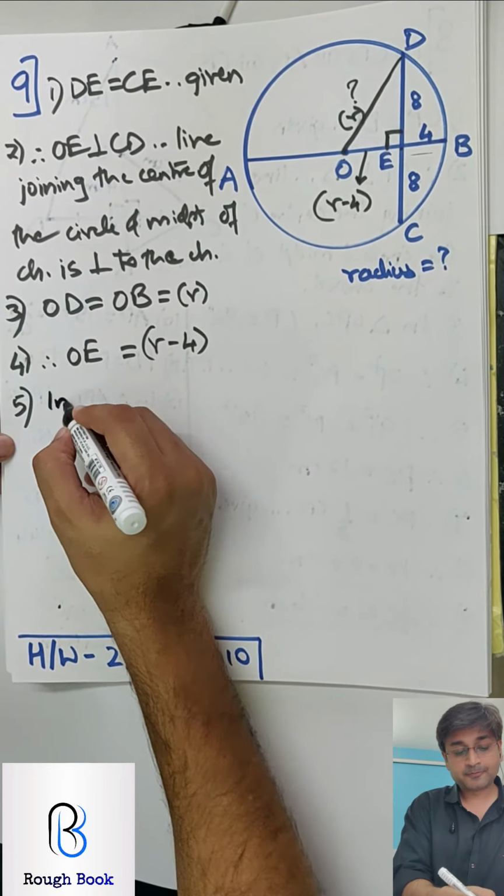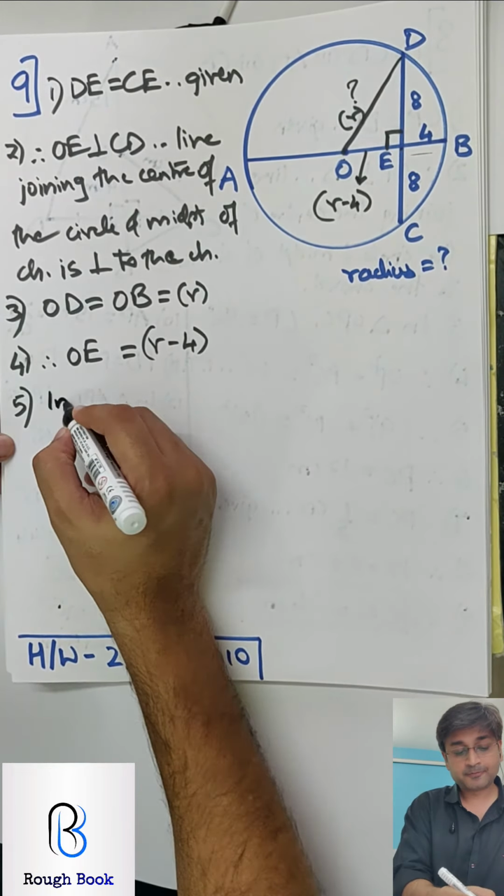So in triangle OED, angle E is 90 degrees, and therefore OE square plus ED square is equal to OD square, Pythagoras Theorem. So OE is R minus 4, ED is 8, and OD is R. Let's open this, expand.